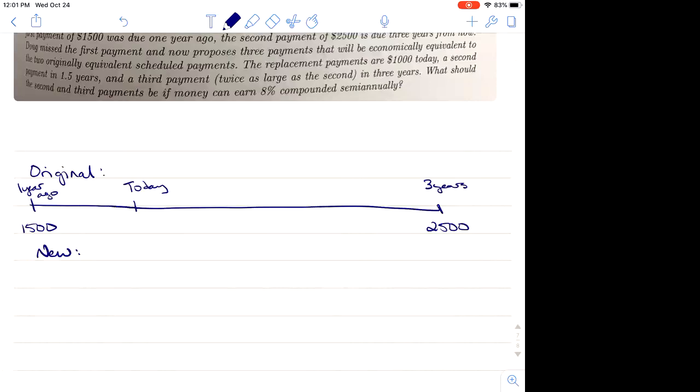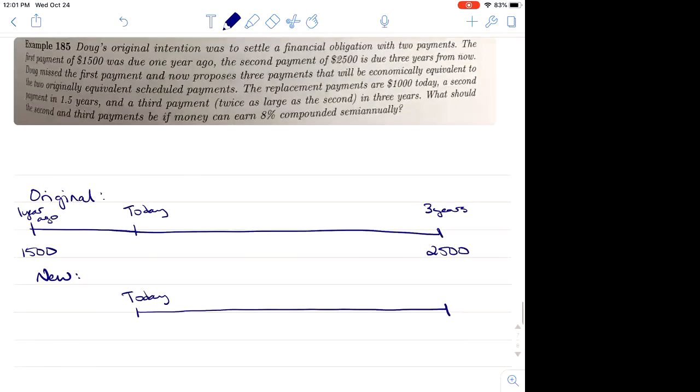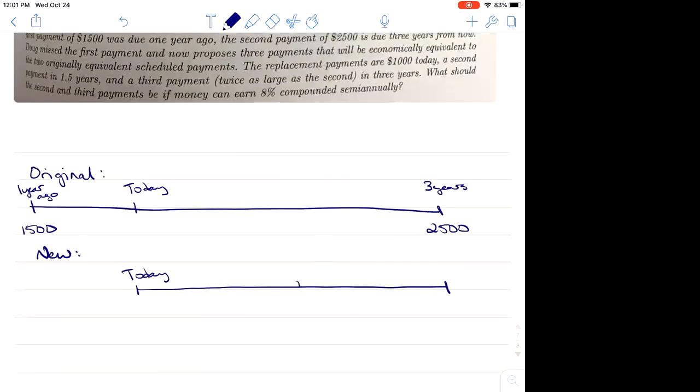Right. So now from today, he's going to make a payment today, a payment in 1.5 years, and the last payment in 3 years. Okay.